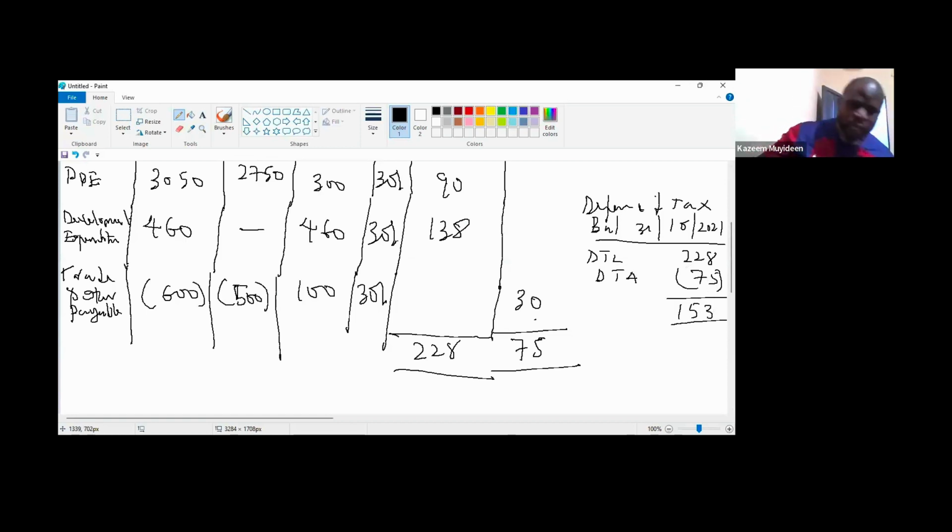That's all. But what does the question request of us? What is the requirement? Compute the relevant temporary differences, which we have done. Then the deferred tax account at 31st October 2021, which we have done.